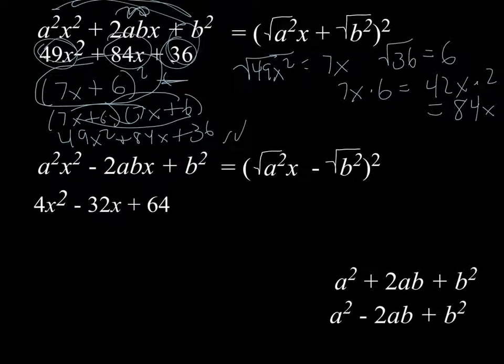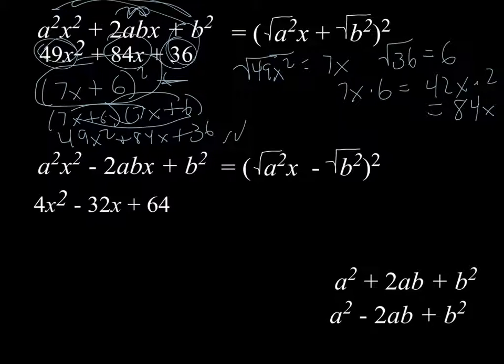The same thing will work out the same as long as this is a negative and this is a positive, this will still work. As long as this is a perfect square, this is a perfect square, and this is 2 times the square root of both of these, then you will have one that can factor straight into this form where you do the square root of the first term minus the square root of the second term and square the result.